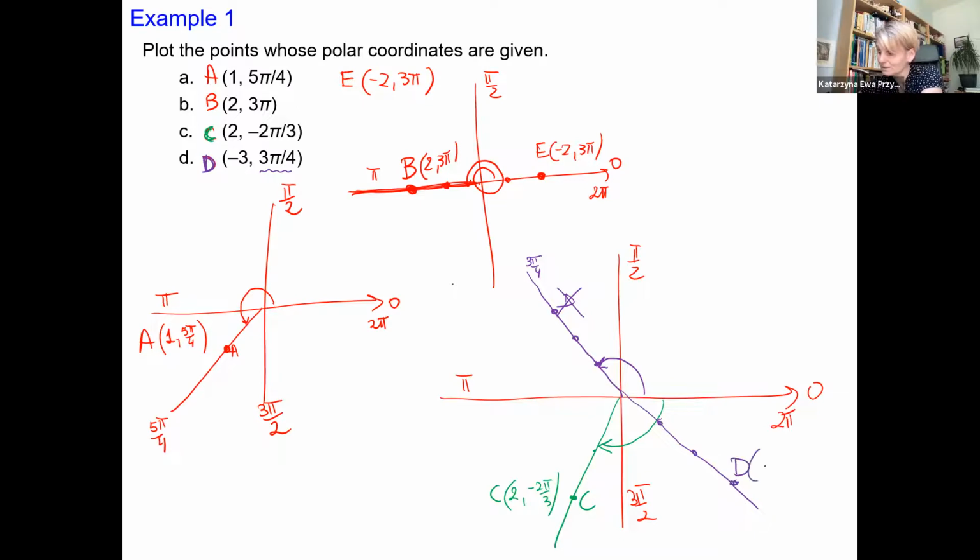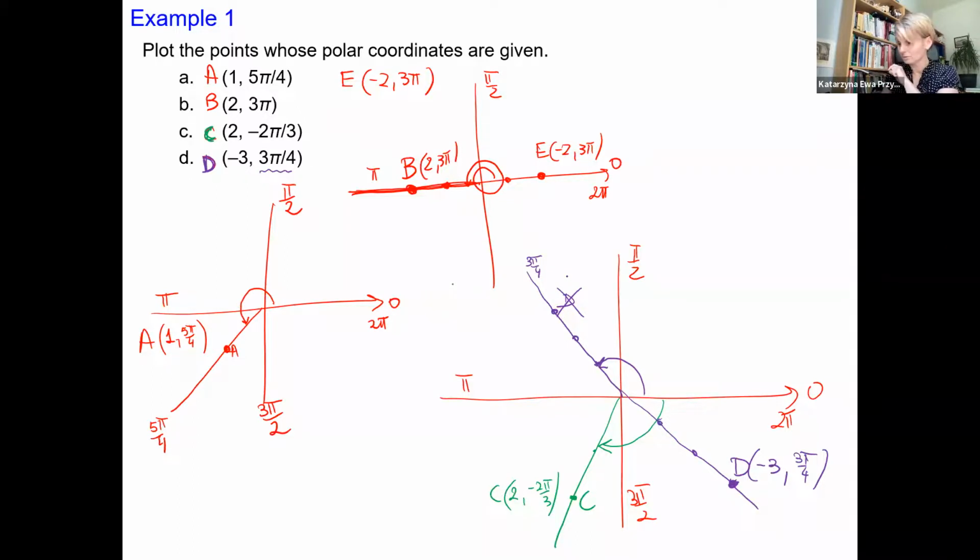This point is -3, 3 pi over 4. Okay, in the negative direction, that's good. That means that's the point D, not this one. I hope we know how to plot the points.